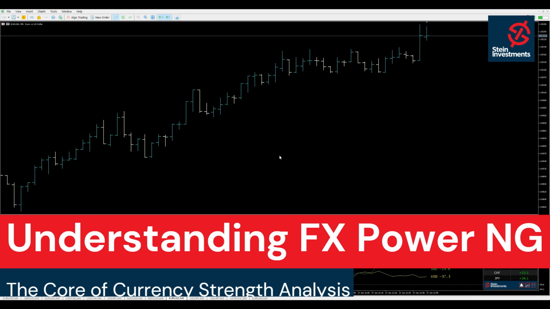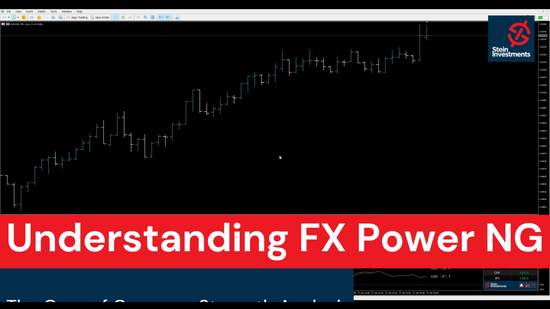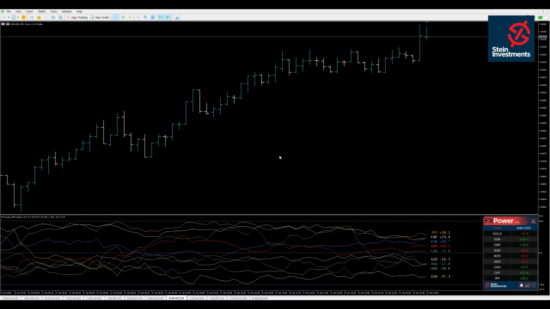So what does FX Power do in detail? It determines the individual strengths of each currency you can see here, or even gold if you want. It does so by analyzing each of the underlying currency pairs related to a specific currency.